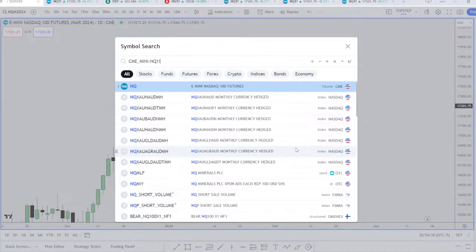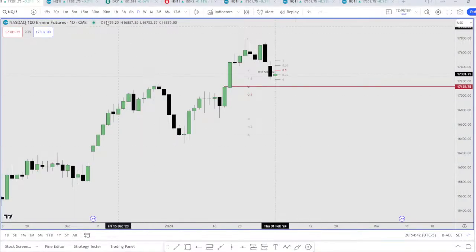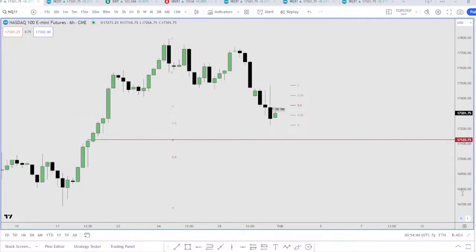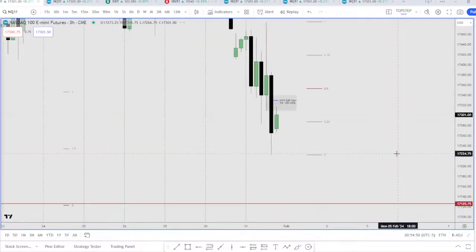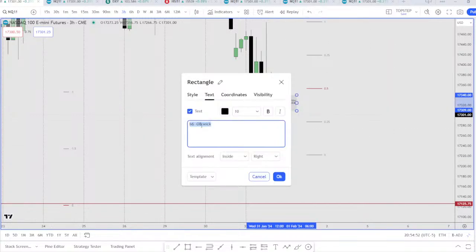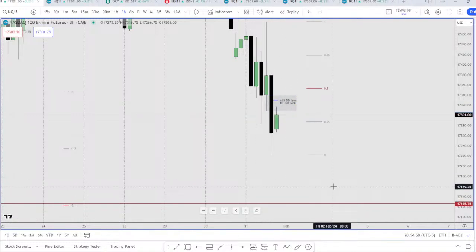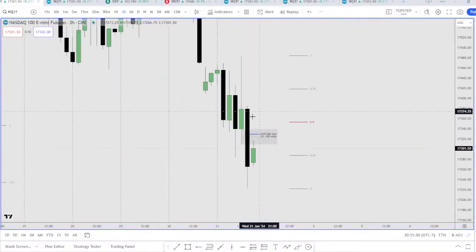Sorry, not the 6 hours, but the 3 hours, we have a bearish order block, which is this candle right here. I think this is a high probability order block because it took out buy stops. After taking out the buy stops, we have a strong closing below this green candle, this up close candle.